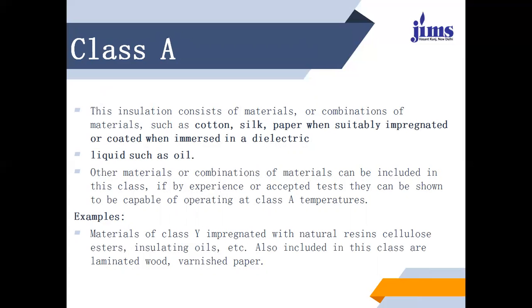Other materials can be included in class A if by experience or accepted test they can be shown to be capable of operating at class A temperature. Examples are materials of class A impregnated with natural resins, cellulose esters, and insulating oils. Also included in this class are laminated wood and varnished paper.